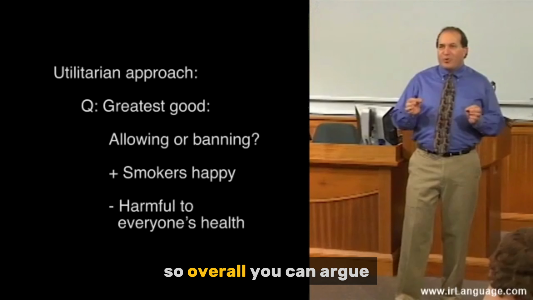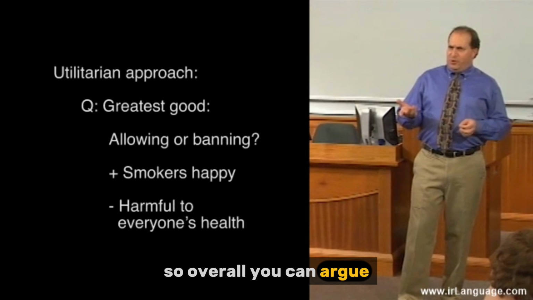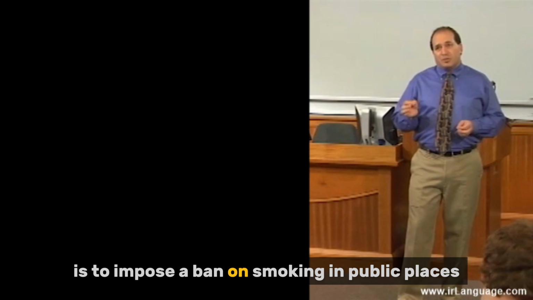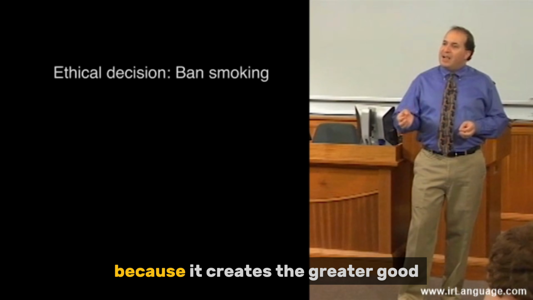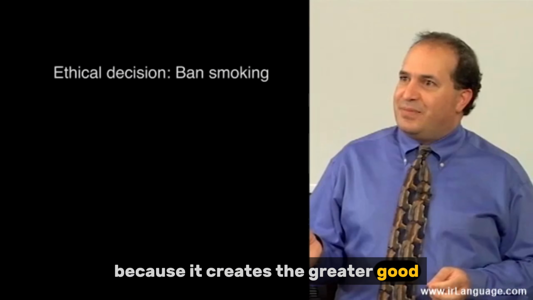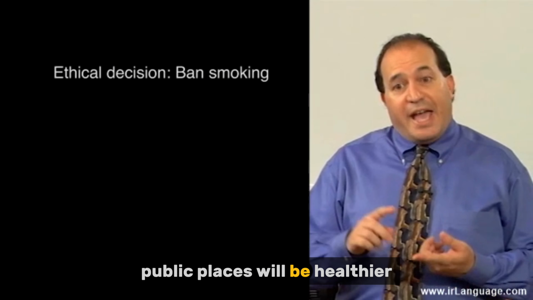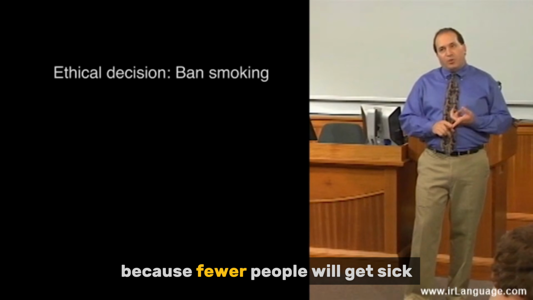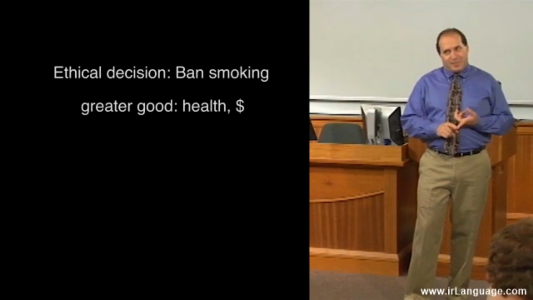So, overall, you can argue that the ethical choice is to impose a ban on smoking in public places because it creates the greater good. Public places will be healthier and will save money on health costs because fewer people will get sick.